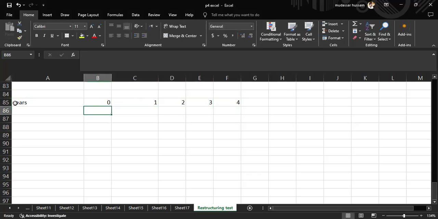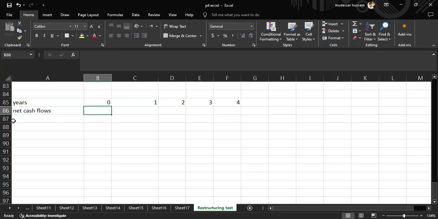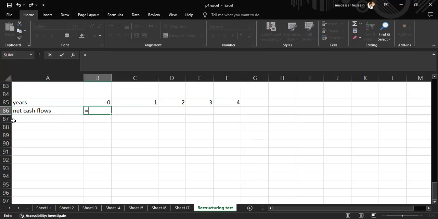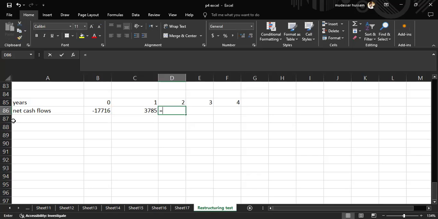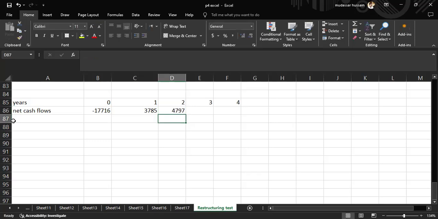Tell me the net cash flows: negative 17716, then 3785, then 4797, then 6208, then 11797.